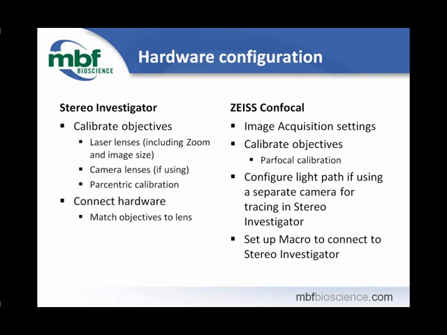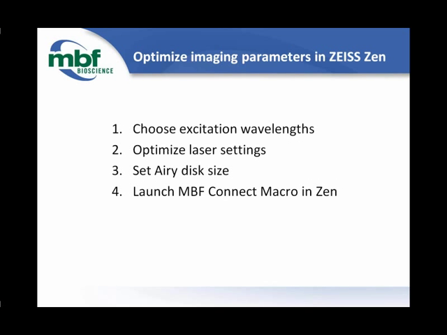And then finally, we'll set up an MBF Connect macro in order to connect the LSM microscope to Stereo Investigator. The MBF Connect macro will be a key feature in at least one of the steps in the workflow. We'll point that out and show you all how that gets used. Absolutely. Great. Thank you very much, Sue.